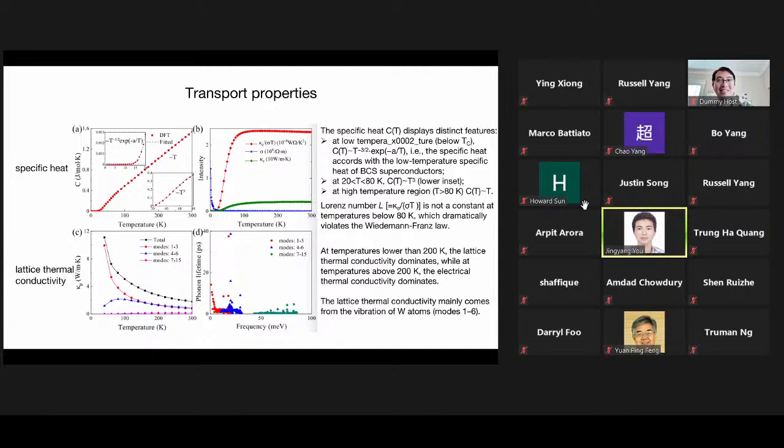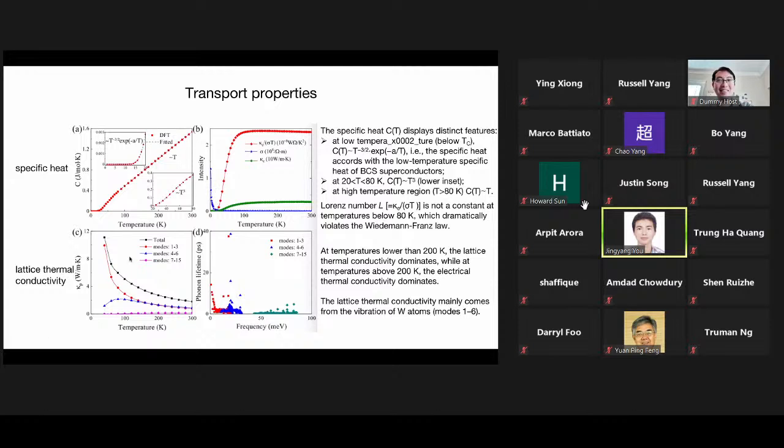It's clear that below 80 Kelvin, the normal state shows non-Fermi liquid behavior. The Lorentz number can further verify this observation. We can observe that the Lorentz number is not a constant at temperatures below 80 Kelvin, which dramatically violates the Wiedemann-Franz law, while at high temperatures, it is almost a constant, indicating Fermi liquid behavior.